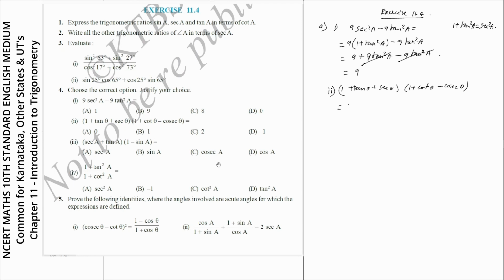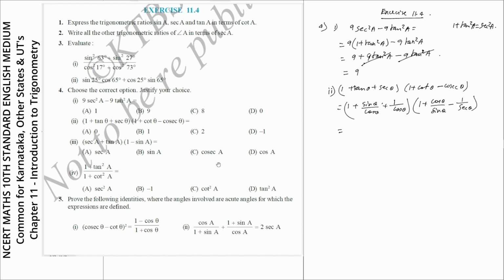So this is equal to, now I'll express tan theta, cot theta and secant theta in terms of sine and cos. So tan theta is sine theta by cos theta plus secant theta is 1 by cos theta into 1 plus cot theta is cos theta by sine theta minus cosecant theta is 1 by sine theta.